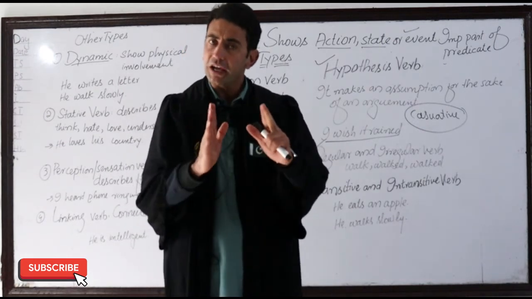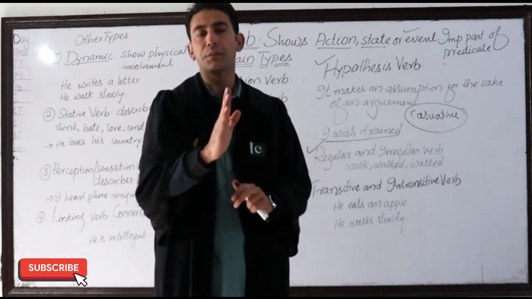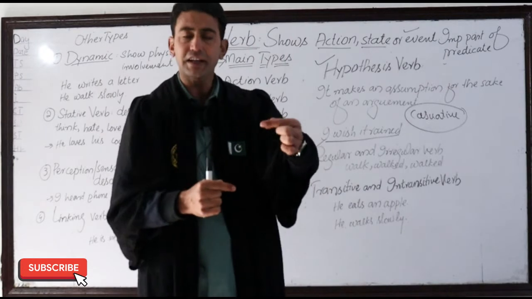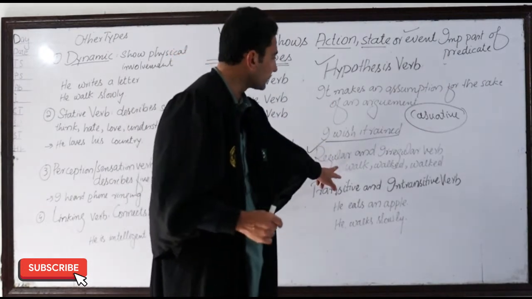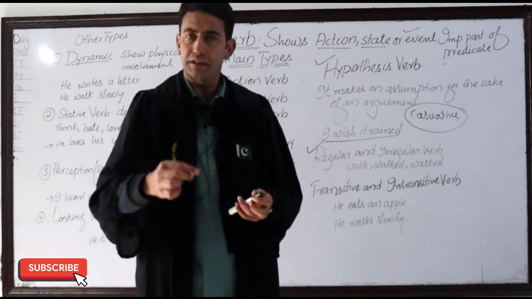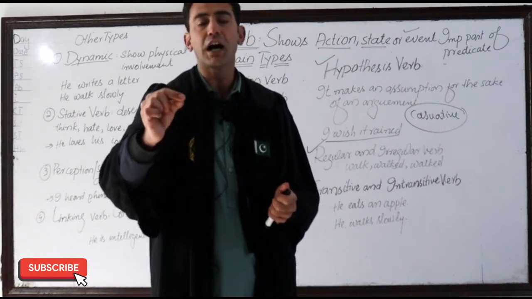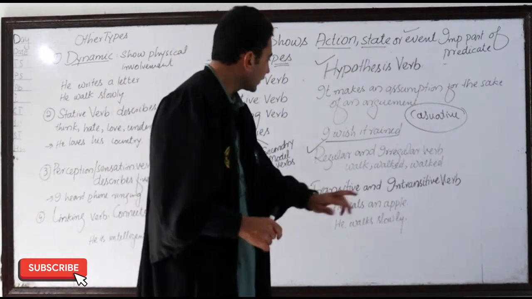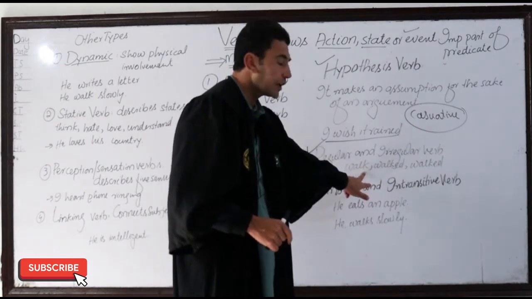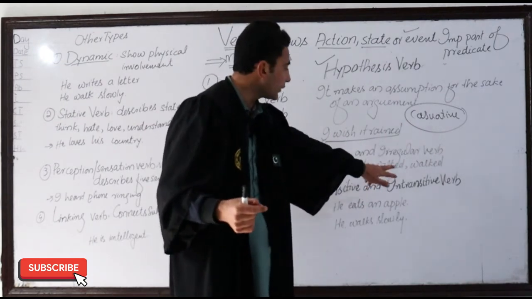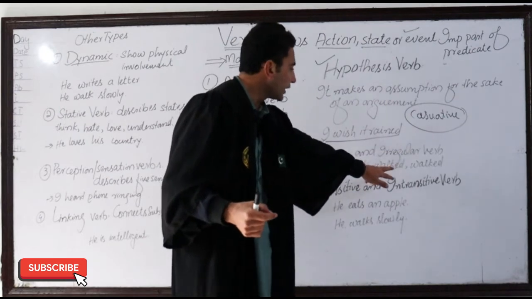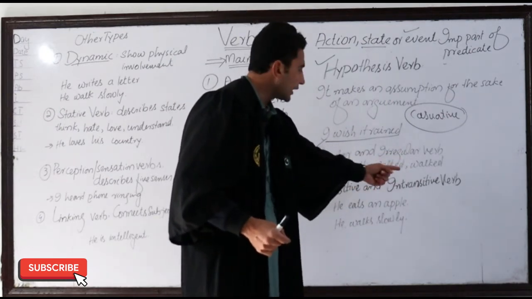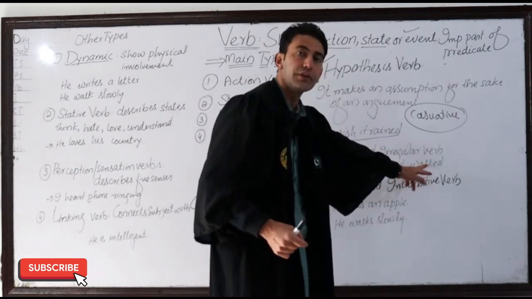Now, if you want to have the second and third form of a regular verb, we can get them by simply adding d or ed to it. Understand? Like we have the verb walk, and we can have its second and third form by adding ed to it, like we have walked and we have walked.